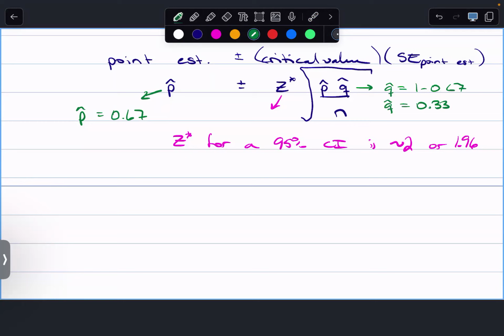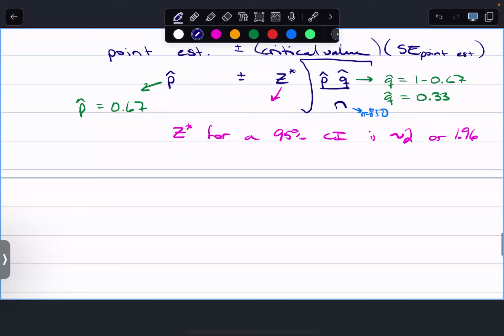And n was 850. So just like that, we have all the components. So now it's a matter of plugging those values in and seeing where we get to.